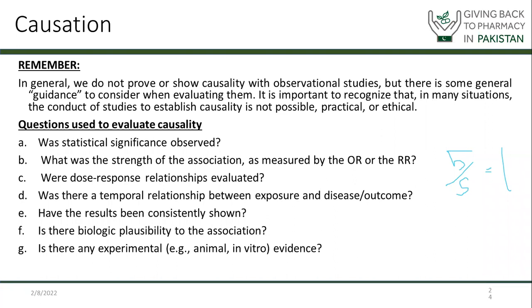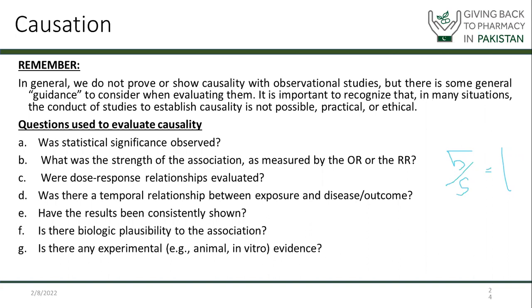So what we should know about it: was statistical significance observed, whether we see it is significant or non-significant. We have to see the strength of association. Did we find out OR/RR? Because if we find out the OR/RR, we will get the strength. Was the dose response relationship evaluated, whether we see how much increasing the dose can impact the response? What about the temporal relationship between exposure and disease outcome?